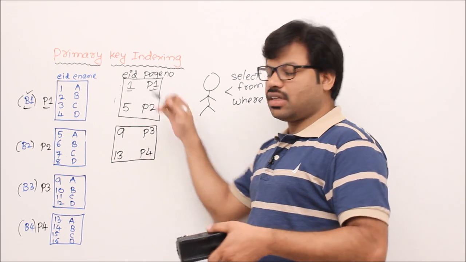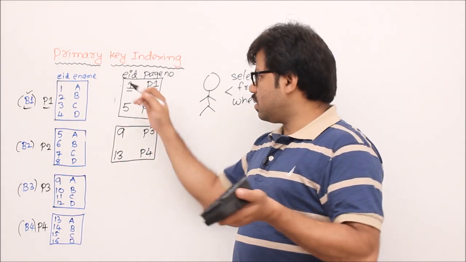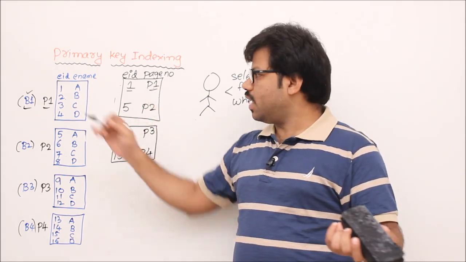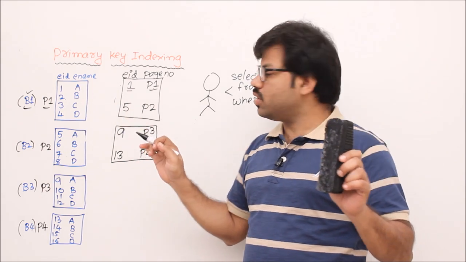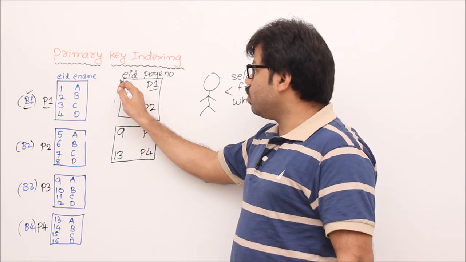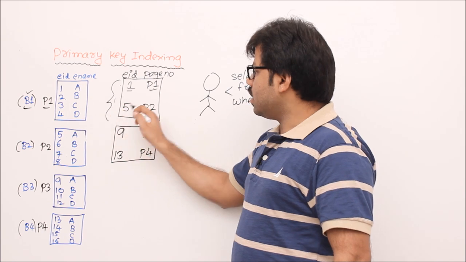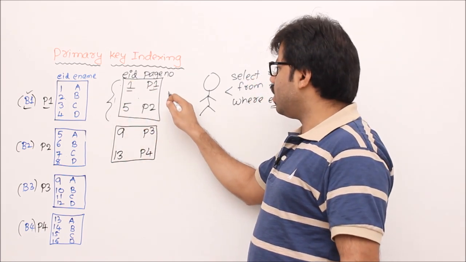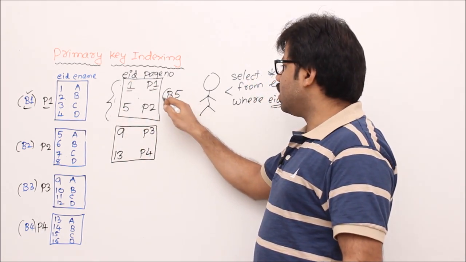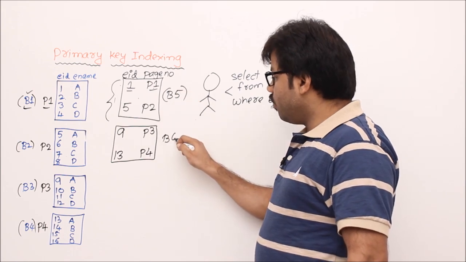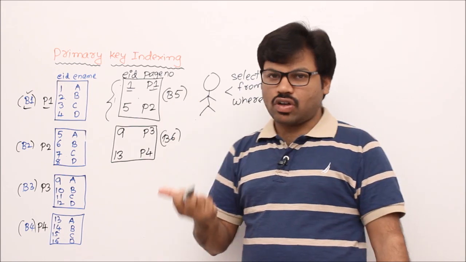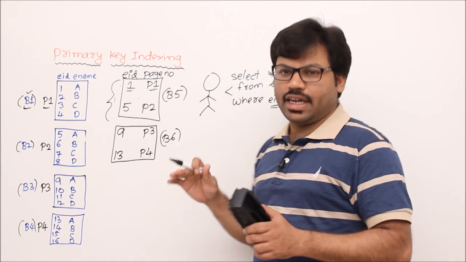So far all these things are just comments which are not using the data of the disk, correct? So far we are not using the data of the disk, but here we use the data in the disk, right? This page is also stored somewhere in the physical disk, let's say that is B5, that is B6. We will see the complexity, otherwise the cost, of this entire thing. First of all, we'll see the idea.